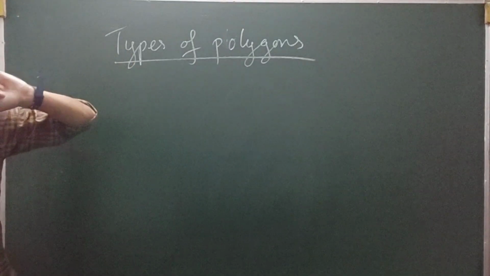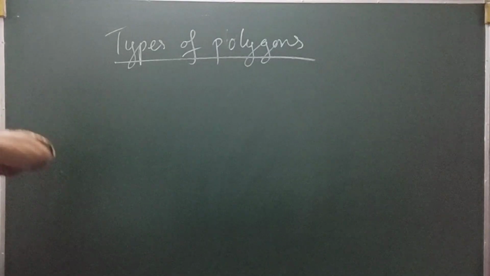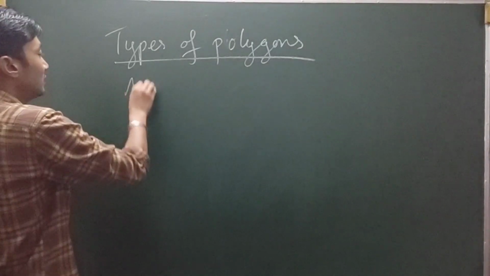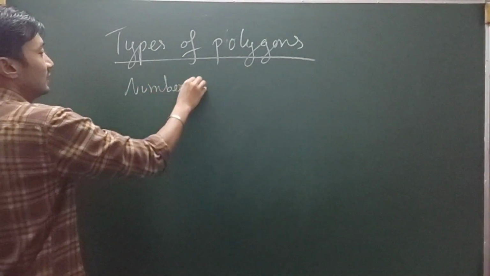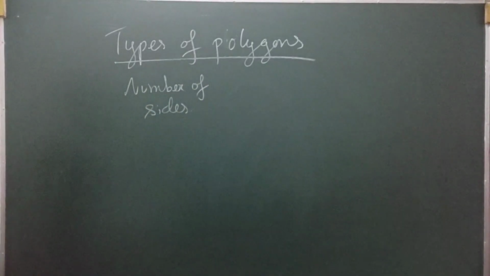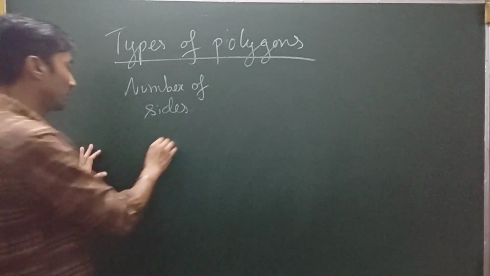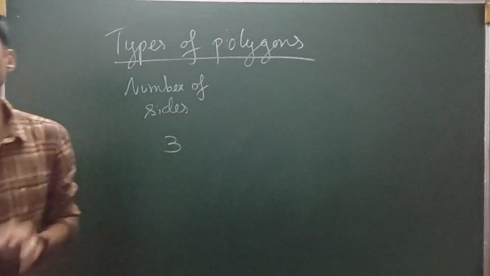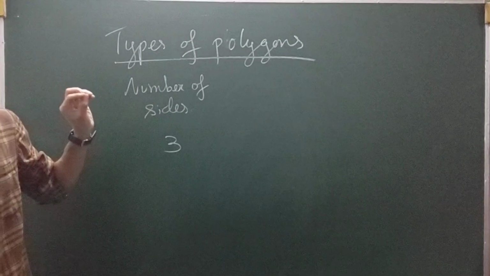Now, types of polygons, depending on the number of sides. The smallest polygon that we can have, with the smallest number of sides, is what? 3.